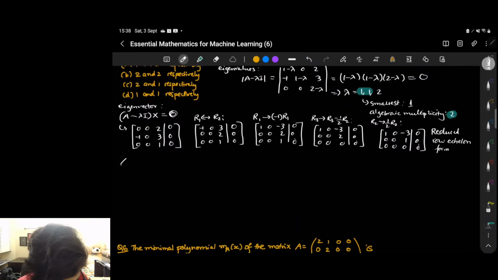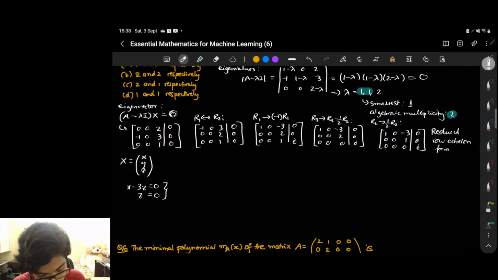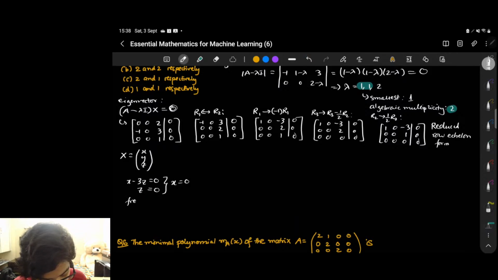And our eigenvector x is written as, let's say, x, y, z. Then from this reduced row echelon form we get two equations: x minus 3z equal to 0 and z equal to 0. So from this, we also get x equal to 0. Then we have only one free variable, which is y, and corresponding to this we would get the eigenvector x as 0, 1, 0.